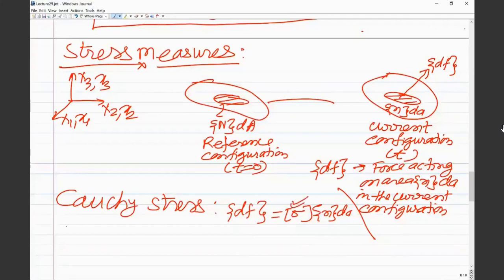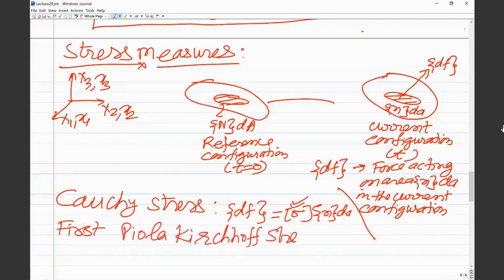Then we have another definition, which is known as the first Kirchhoff stress tensor. The first Kirchhoff stress is defined as force in the current configuration per unit original area in the reference configuration.